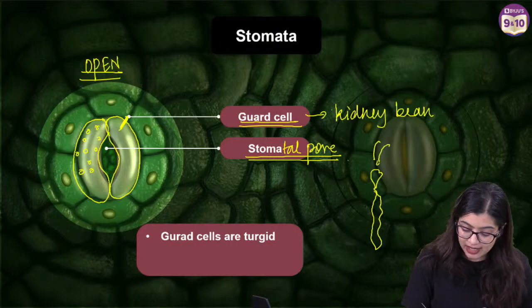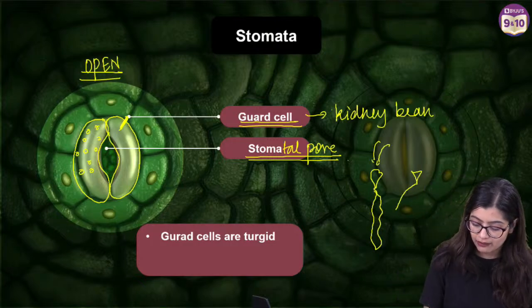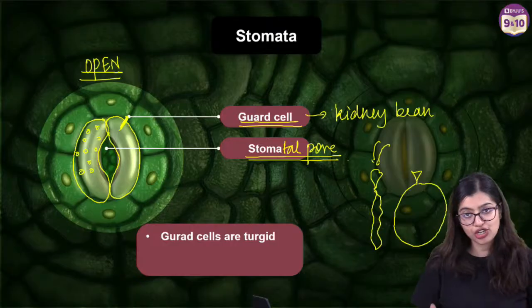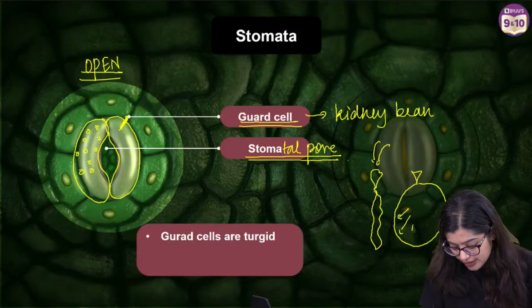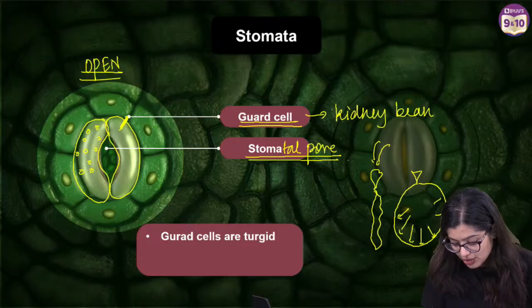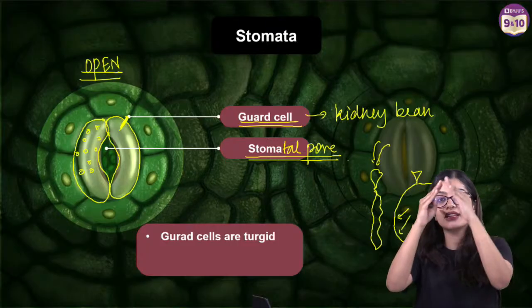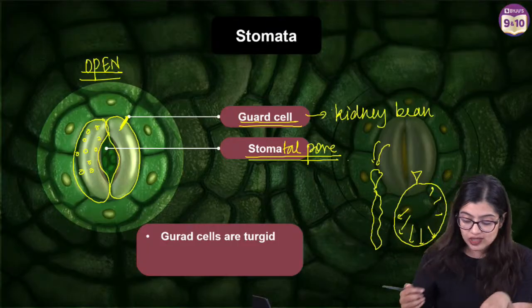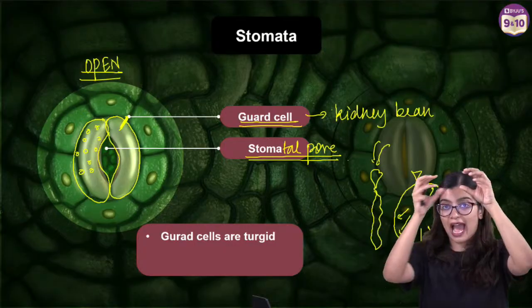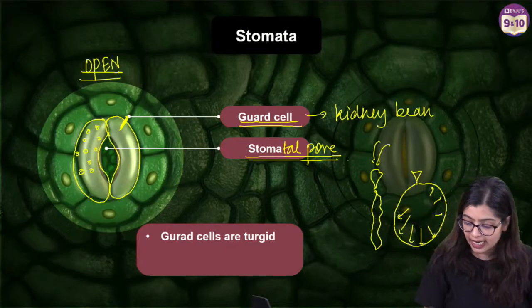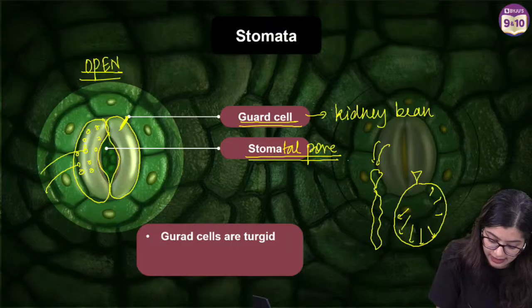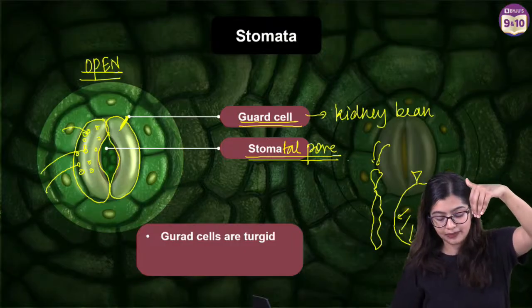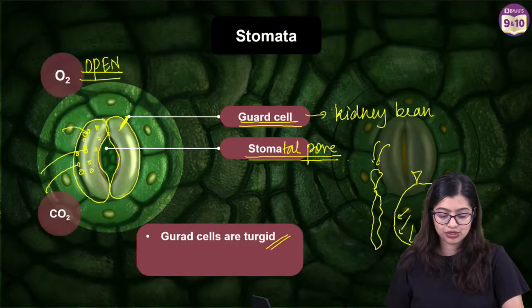But when you fill it with water, what will happen? The balloon will have a certain shape, right? Because the water is exerting some pressure, and along with that it is giving the balloon a certain shape. So similarly, if the guard cell has that kidney bean shape, it means that water has entered into the guard cell and the cells are turgid.